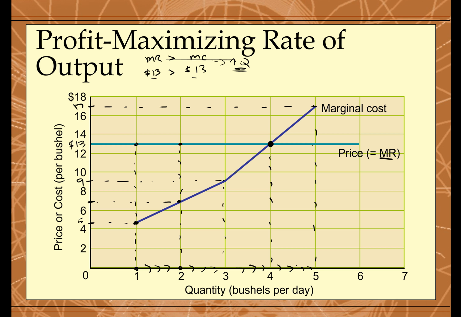This has reversed. MR is less than MC, which means profits fell by $4. So you back up to 4. That's how we know 4 is when profit is maximized.